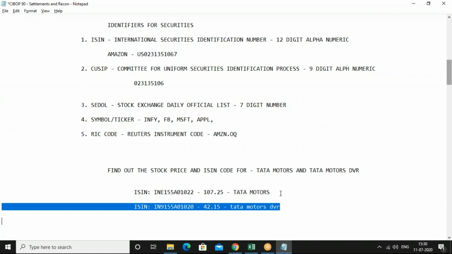Okay, but it's very important from a settlement perspective to know which security you have to settle. Yeah, is this clear with everyone?